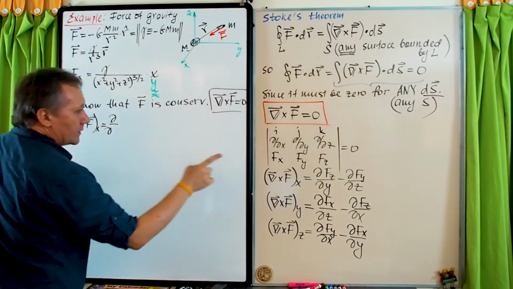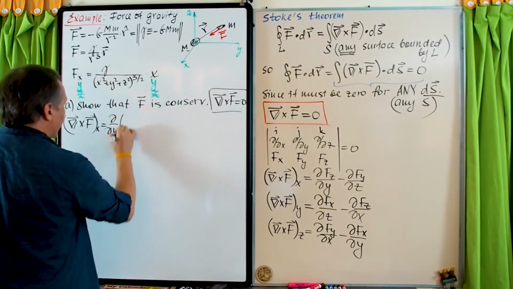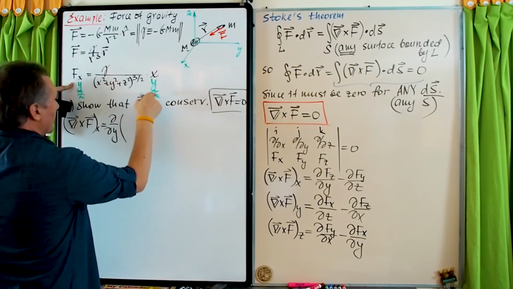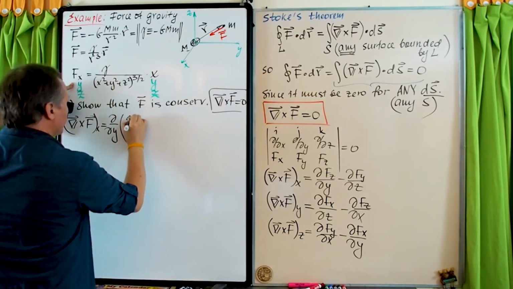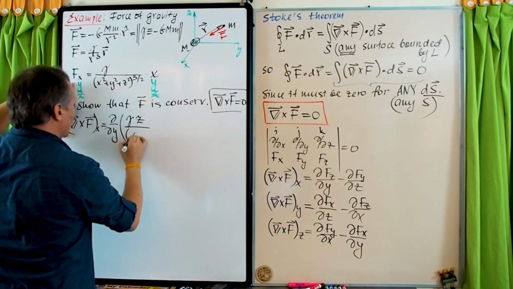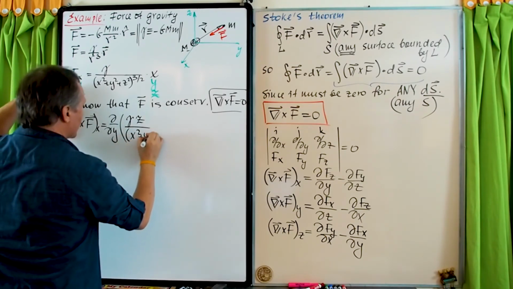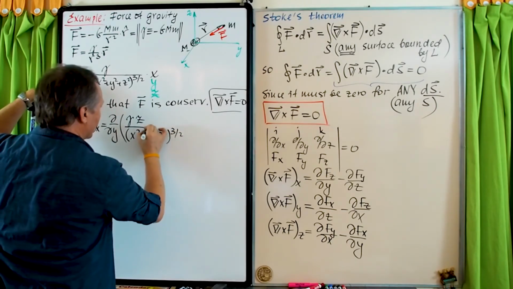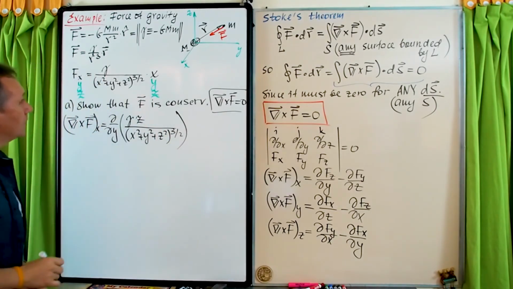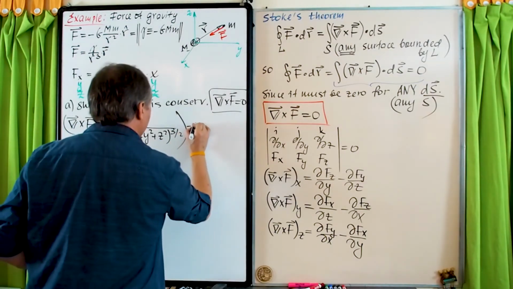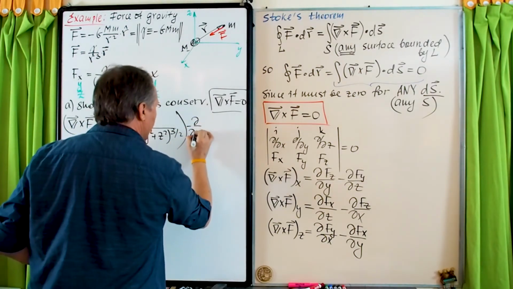d over dy, z component, so it will be gamma z divided by this quite ugly structure. Right. Oh, it's not the whole story. It's now minus, similar, minus d over dz.